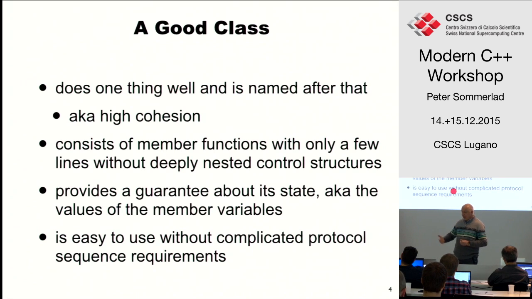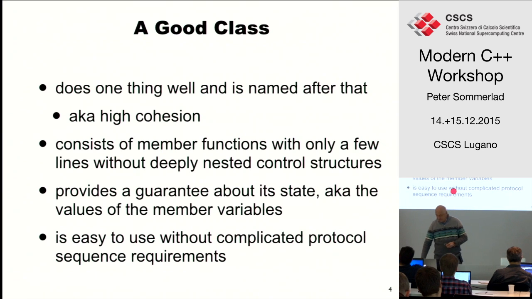So with stateful APIs where you have to provide these stages one after the other, I always ask why it's not a single function that I call and does everything right. And that should be the constructor if I use a value of that type. So anything that has a complicated protocol is bad, especially sequence requirements.